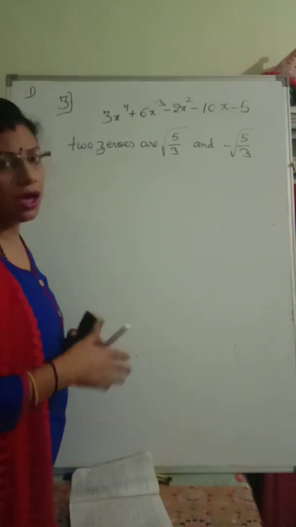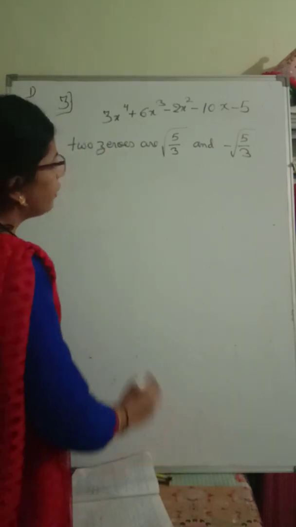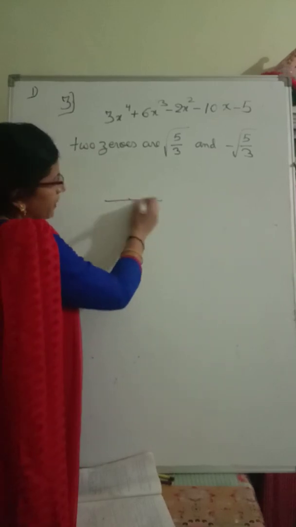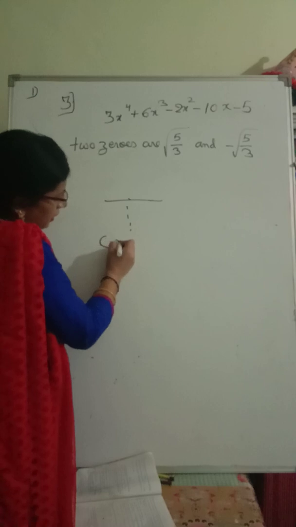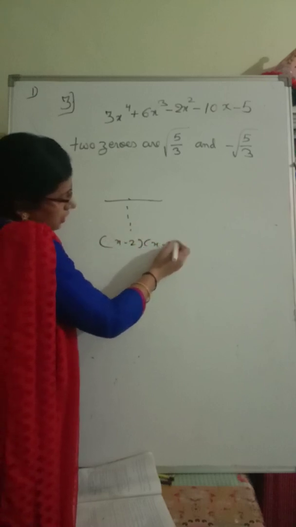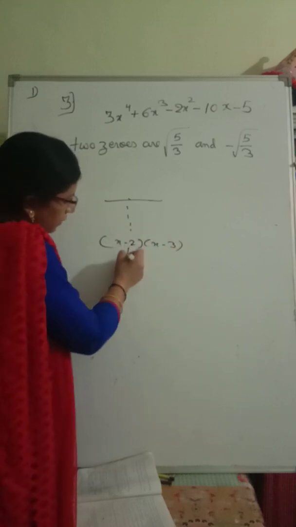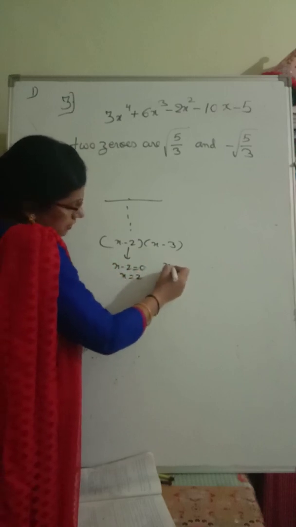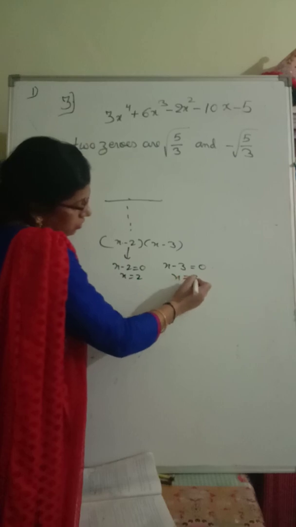I told you how to find the factors. When we are doing the splitting method, consider a quadratic equation. At the last we are getting x minus 2 and x minus 3 as factors. So then x minus 2 equals 0, so x equals 2, and x minus 3 equals 0, so x equals 3.